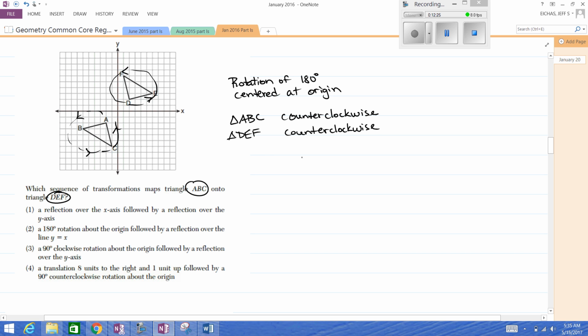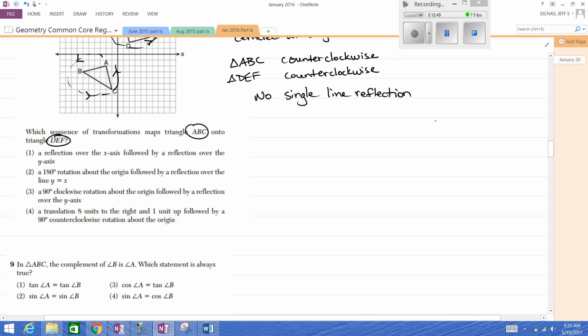So what we know is there cannot be a single line reflection, and the reason is a single line reflection will change the orientation. Now we could use two line reflections. We could use a rotation. We could use a combination of translation and rotation.